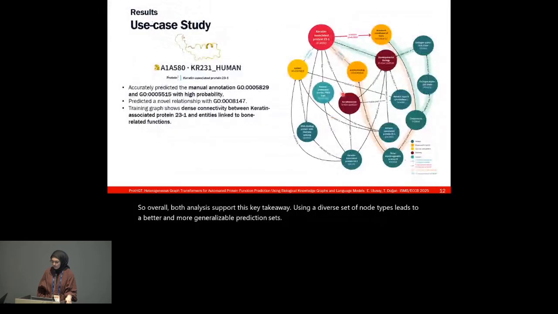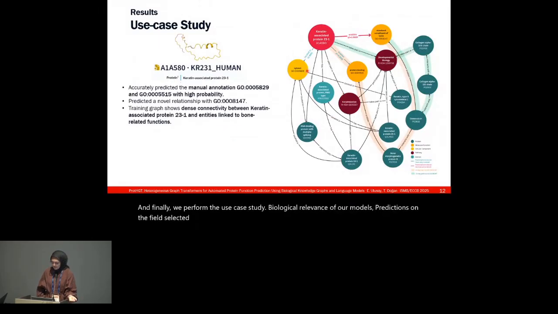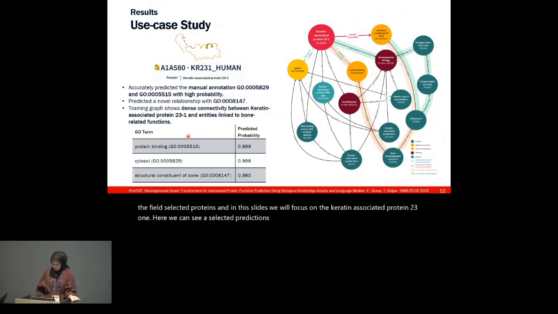And finally, we performed a use case study to validate the biological relevance of our model's predictions on a few selected proteins. And in this slide, we will focus on the keratin-associated protein 23.1. Here we can see selected predictions for this protein.